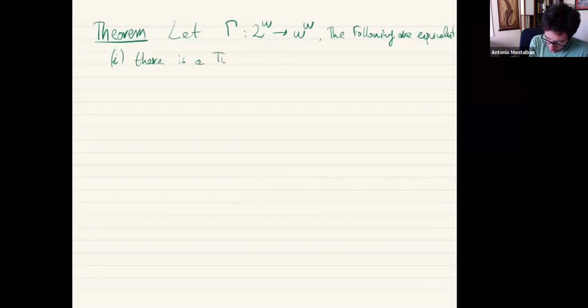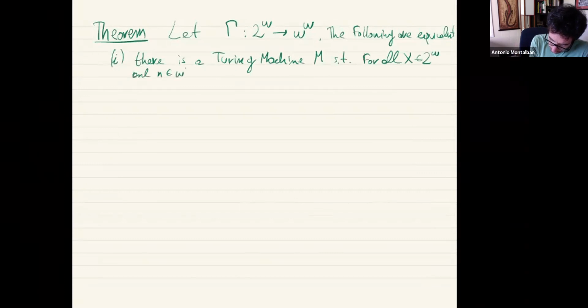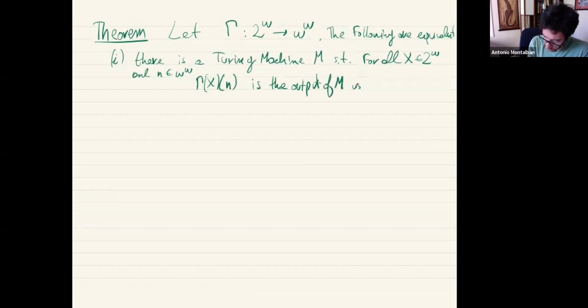There is a Turing machine M such that for all x in 2 to the omega and all n in omega, the value of gamma at x, which is a function from omega to omega, at n is the output of M using oracle x and input n.